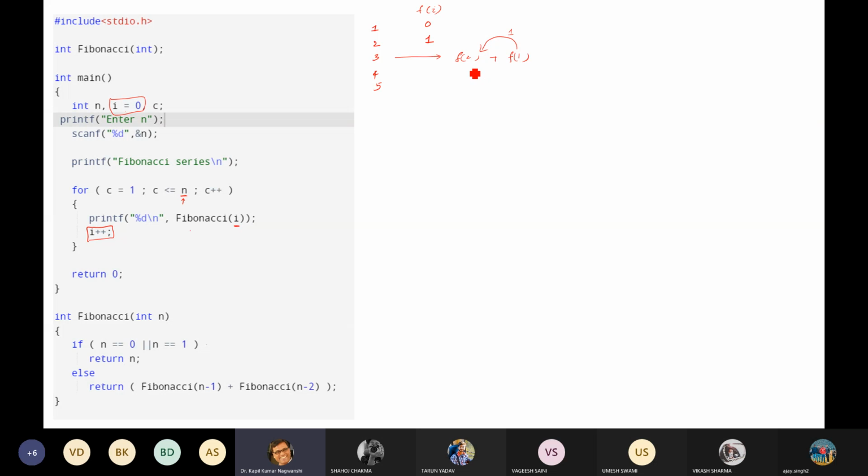And this 2 will return value as 1 plus 0. So this whole thing will return 2. So here 2 will be, but how will 2 be the answer? Your answer must be 0, na? In the second term, let me solve.